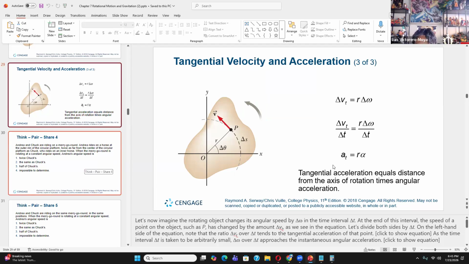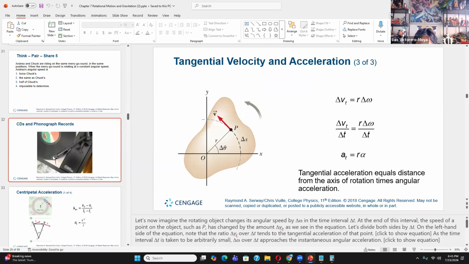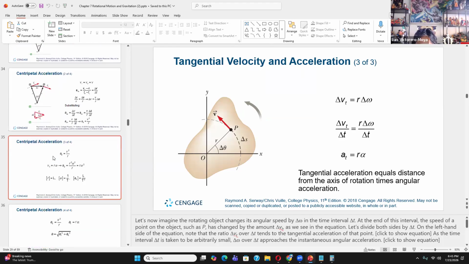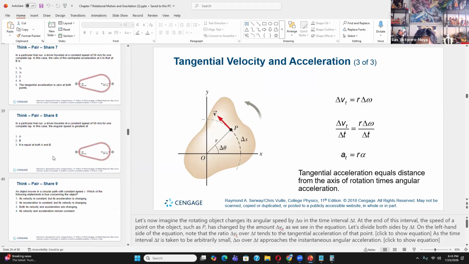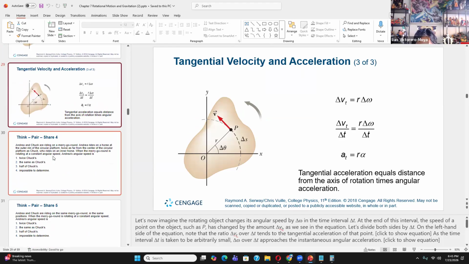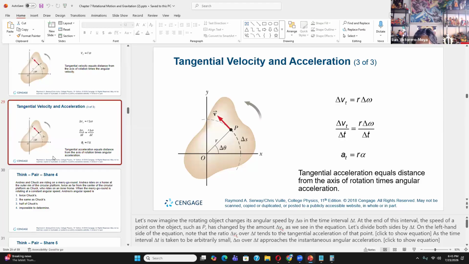But alpha is normally not given in problems. The angular acceleration is a variable that sometimes they give you, sometimes they don't. So how do you find the tangential acceleration in problems like the pendulum one we have right now?